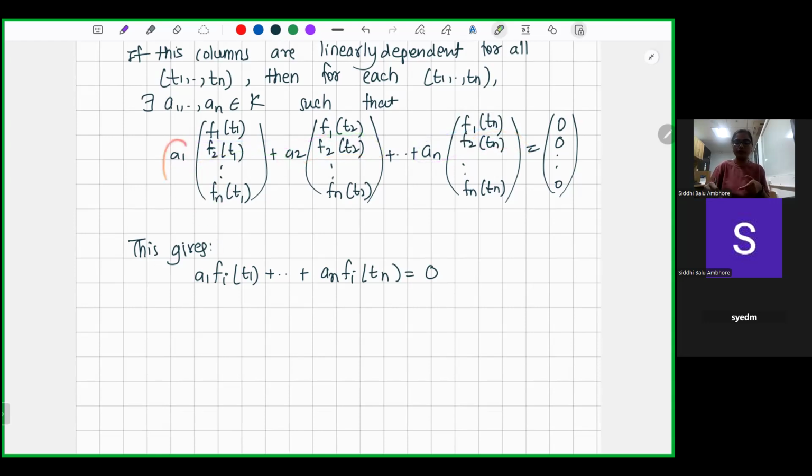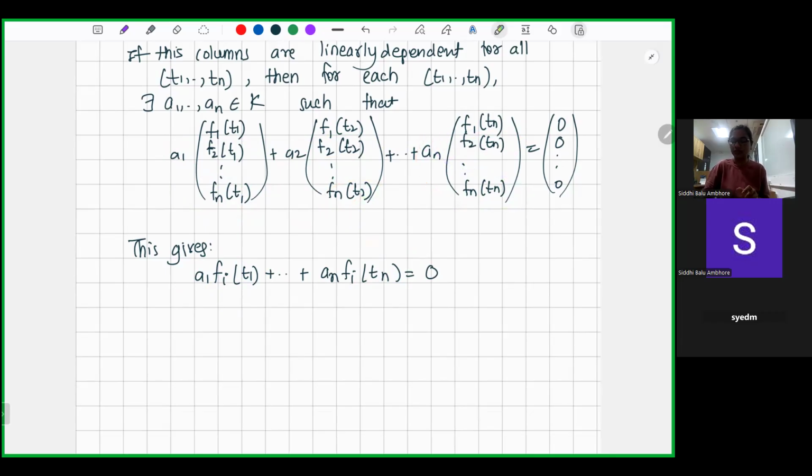And the final row will be A1 Fn T1 plus A2 Fn T2 plus An Fn Tn equal to 0, and so on.